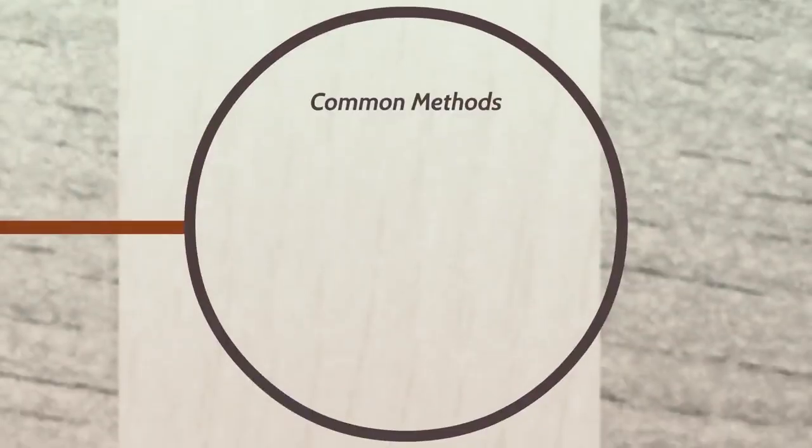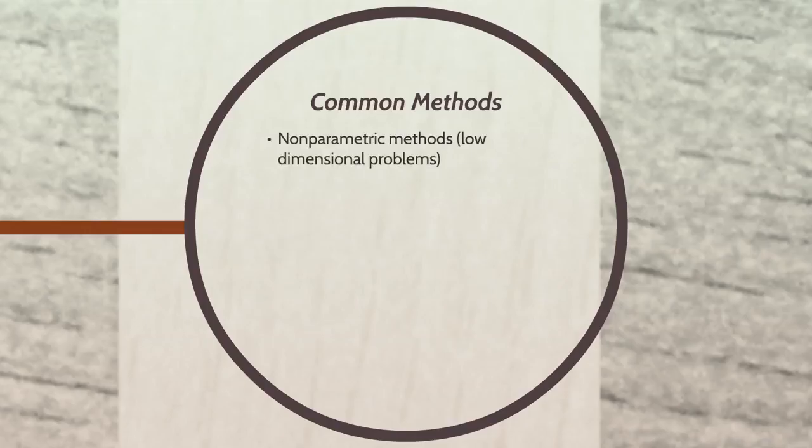All right, so what are some common methods of unsupervised learning and what are they used for? Well, the first method would be non-parametric methods, and these are very beneficial for low-dimensional problems. Non-parametric is easiest to understand by covering what parametric means, and parametric just means that we're assuming that the sample is drawn from some distribution that obeys a known model, for example, a Gaussian distribution.